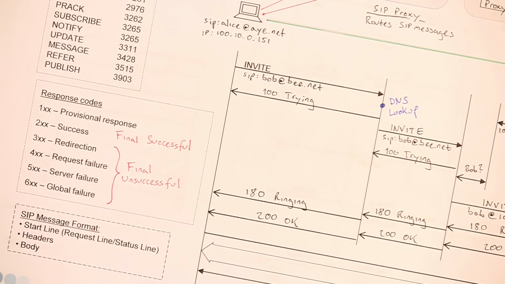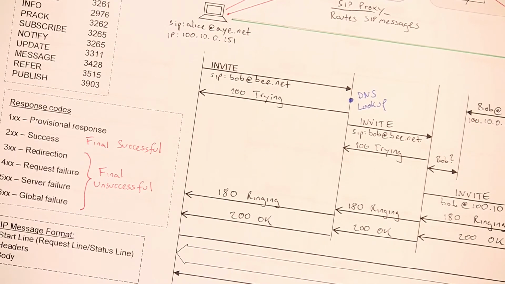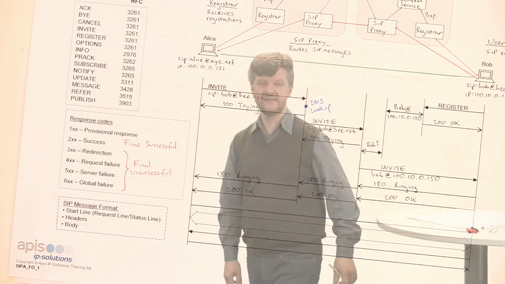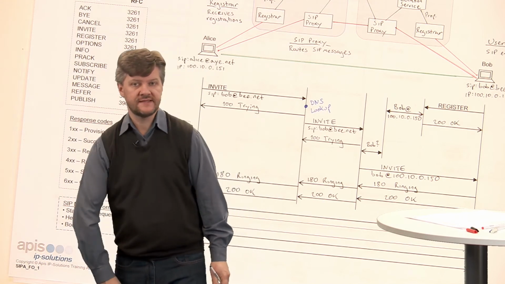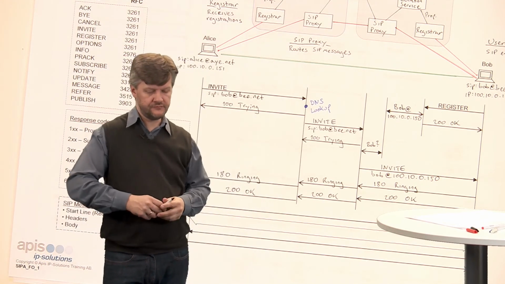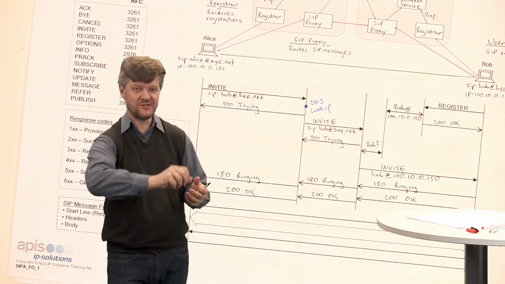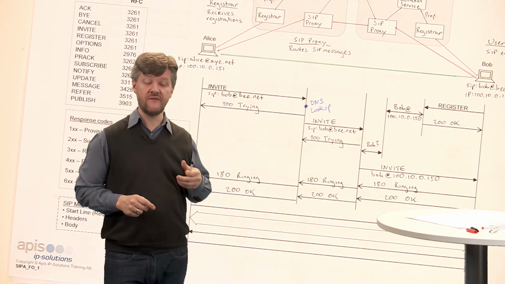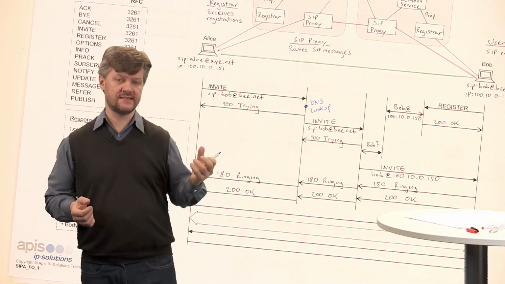Now, I said previously that everything in SIP is request or response. And that's true. I'm building up to telling you why I just lied a little while ago. But that was not a lie. Everything is request or response.